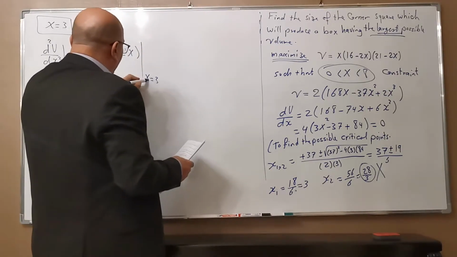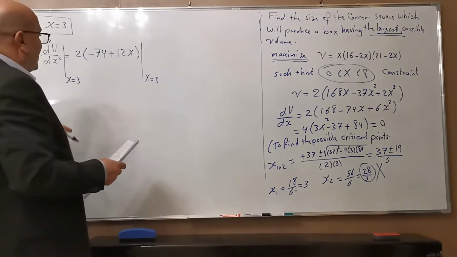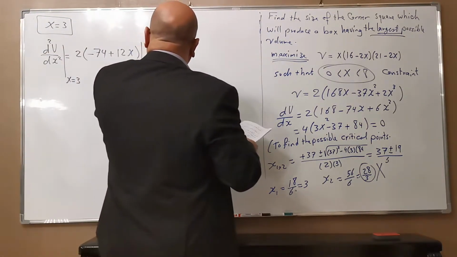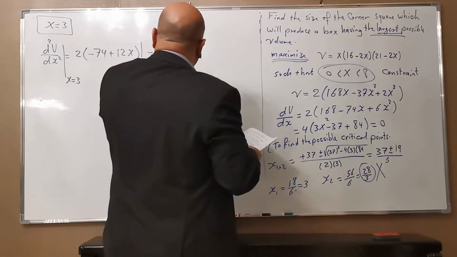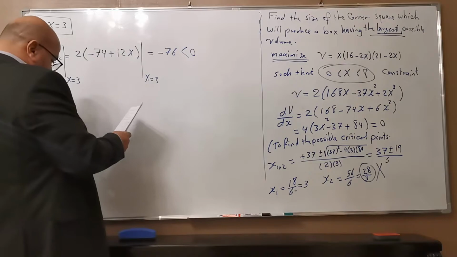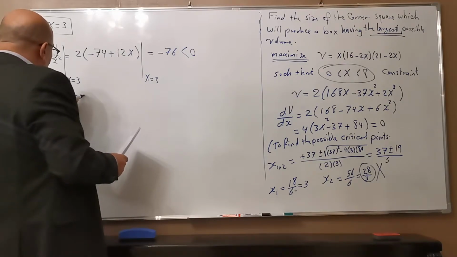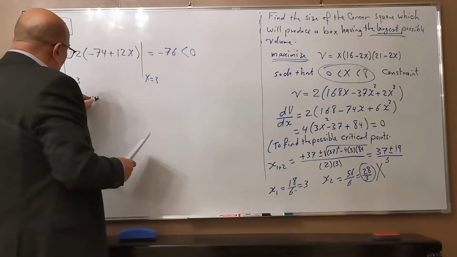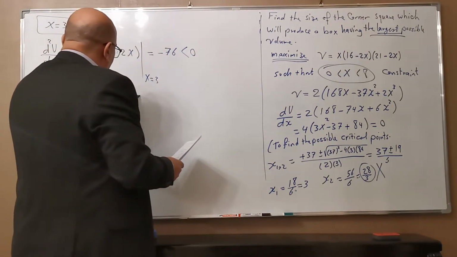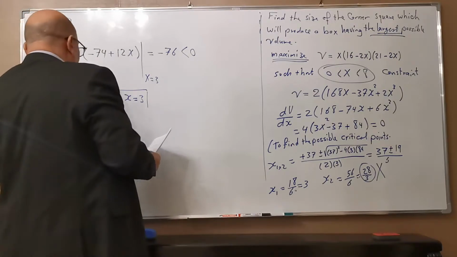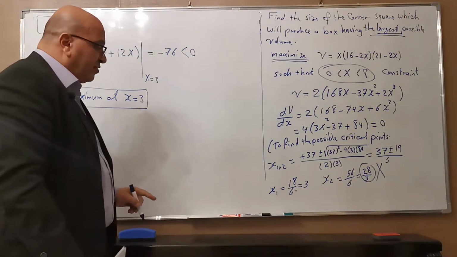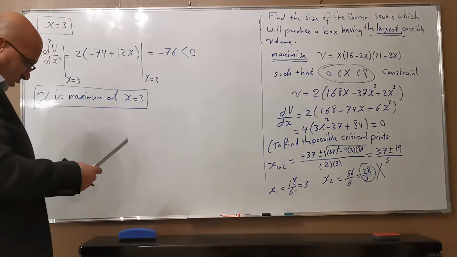So when we apply the critical point on the second derivative, we end up with a value of minus 76. So this is less than 0, which means that v is maximum at x equals 3. So our x that will maximize the volume of the box is x equals 3.